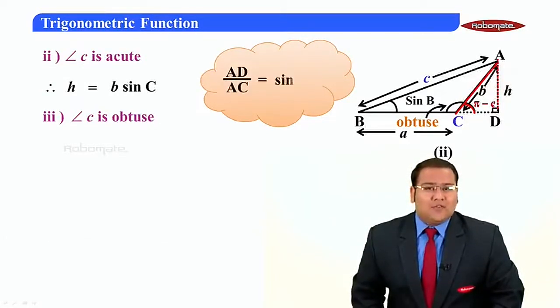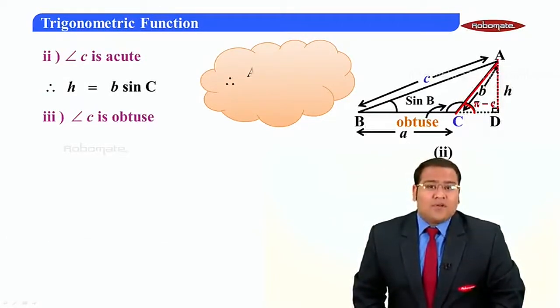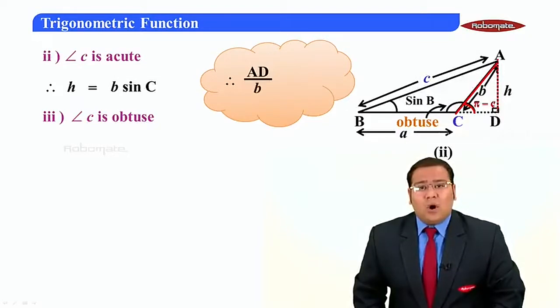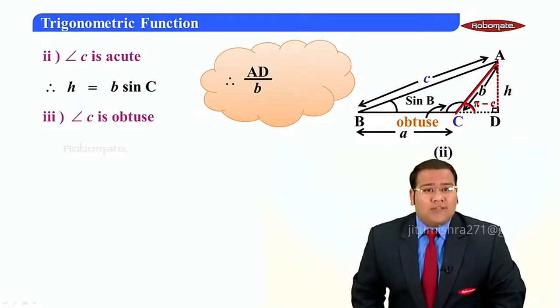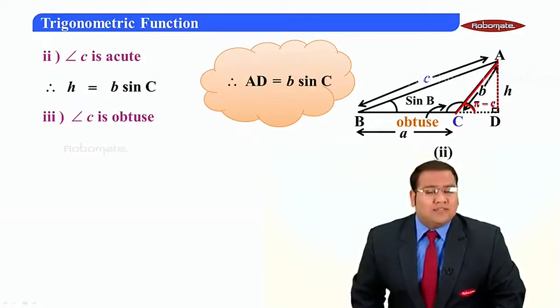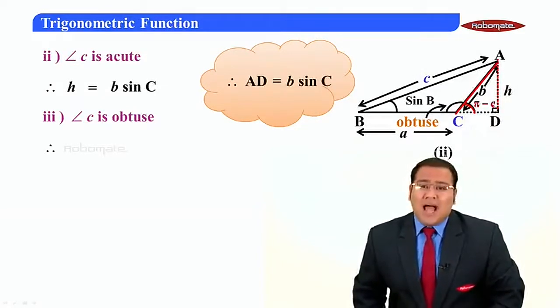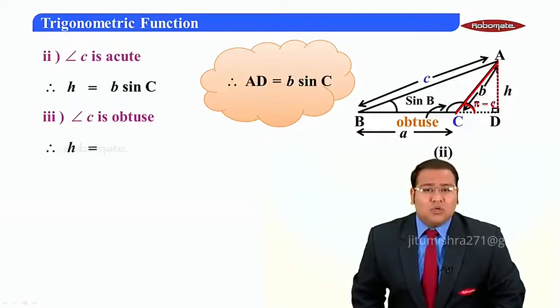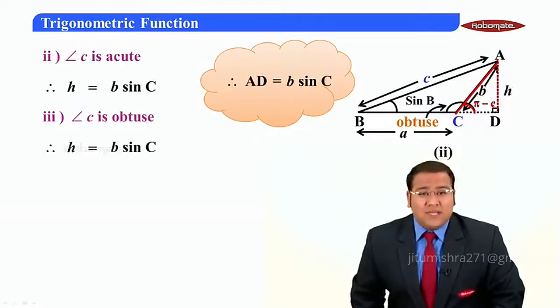So, AD by AC would be sine C. We also know from the diagram that the side AC is b. So, it would be AD upon b is sine C. Therefore, you would get AD is equal to b sin C, but AD is height. So, it would be h is equal to b into sin C.